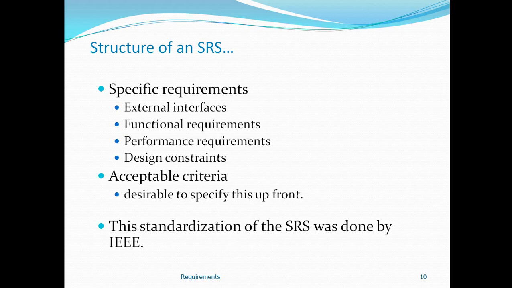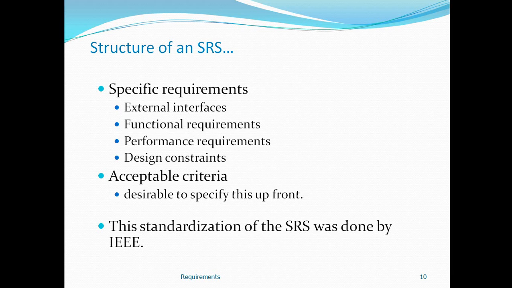In the third one, specific requirements: external interfaces, functional requirements, performance requirements and design constraints. This helps us in the specific requirements, right. The user can remember what he forgot to include, what he has to include in that phase.